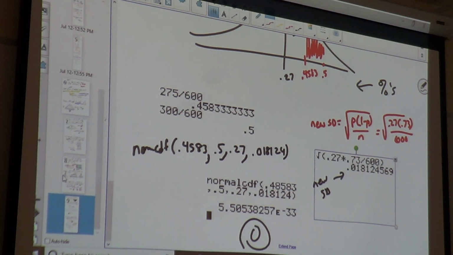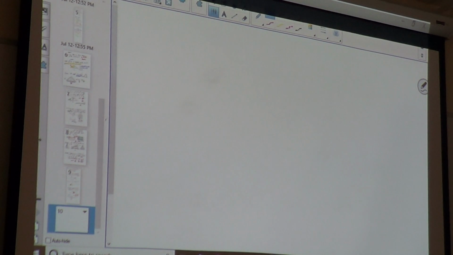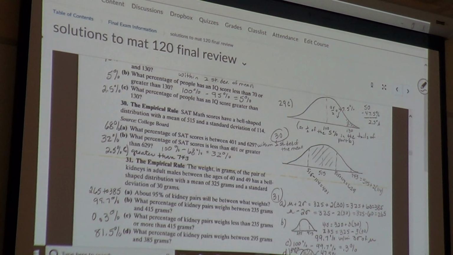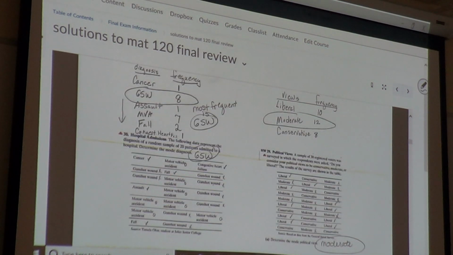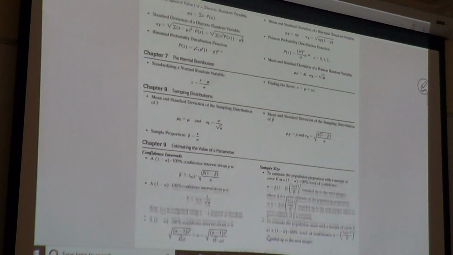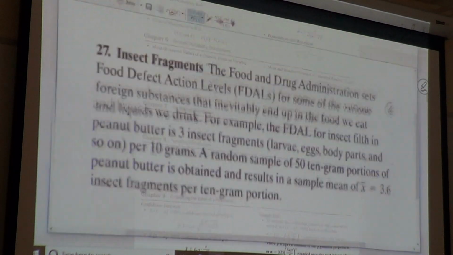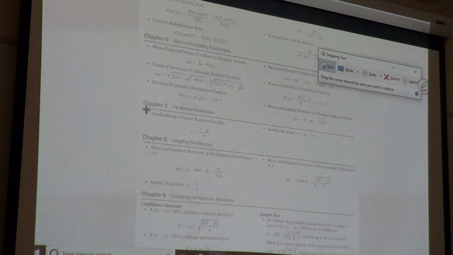Now, let me show you what your formula sheet does give you.